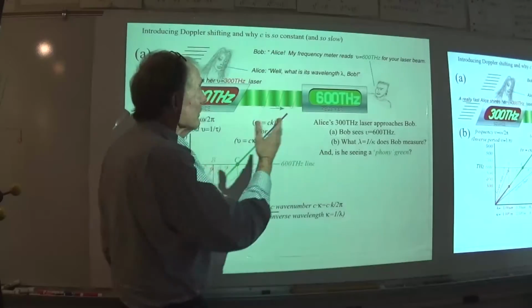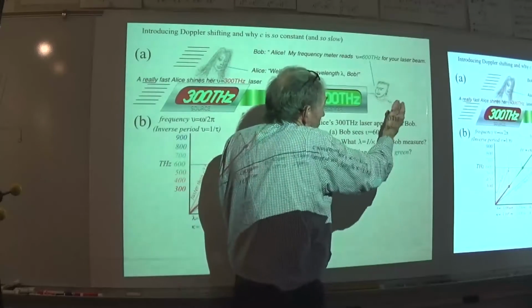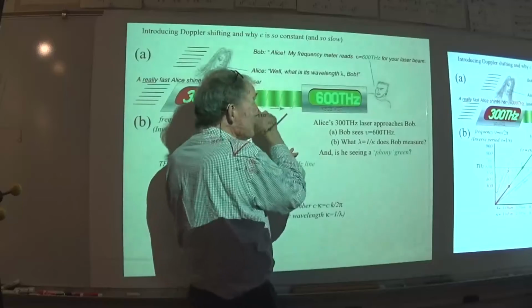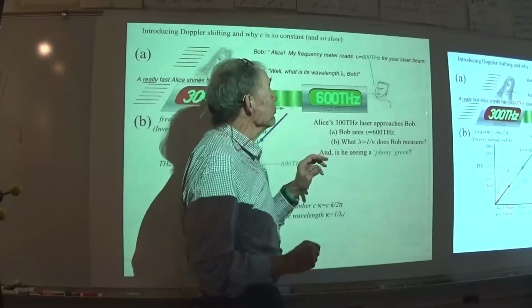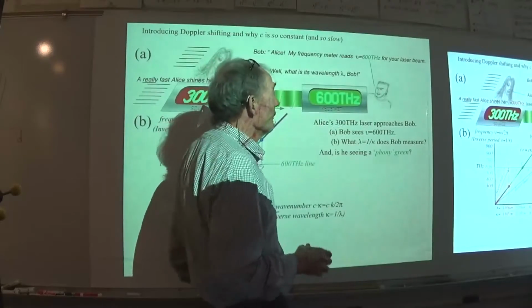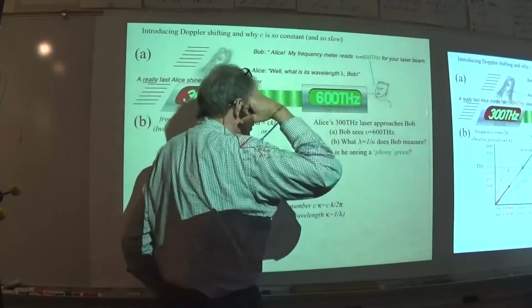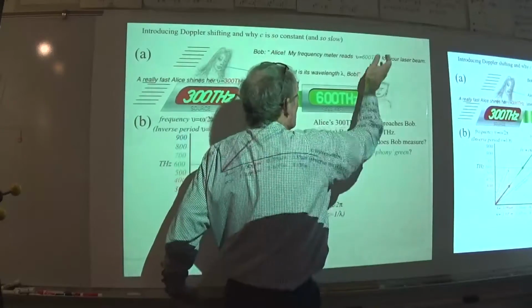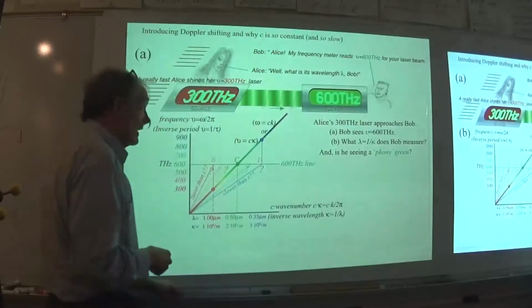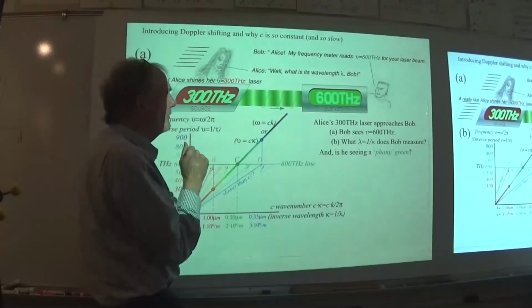We need more than what you usually have for quantum optics. So anyway, here's Bob just sitting here, and we're looking at what's going on for him. That's why I drew this to be what looks like a green light. 600 terahertz is what he pulls up on his frequency meter, and he tells Alice, they're talking on the cell phone, I got this beautiful blue-green, and it's 600 terahertz.